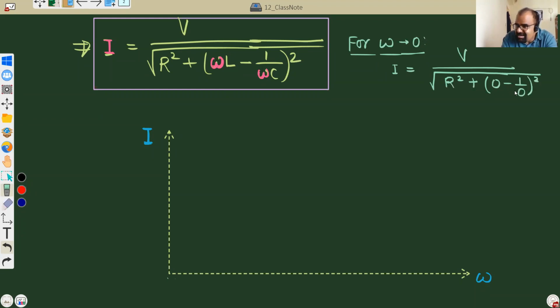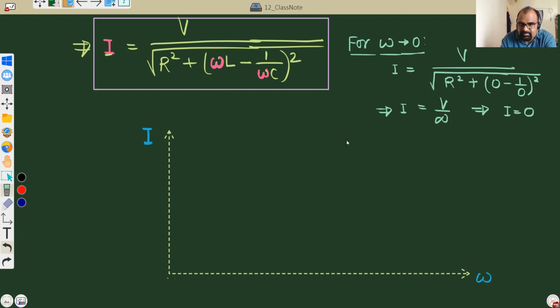Well, it's not exactly 0, please understand, because in mathematics, division by 0 is not allowed. That is why I'm not saying omega equal to 0. I'm saying omega tending to 0. So it is not exactly equal to 0. So this part is infinity, so V by infinity, so current is 0.